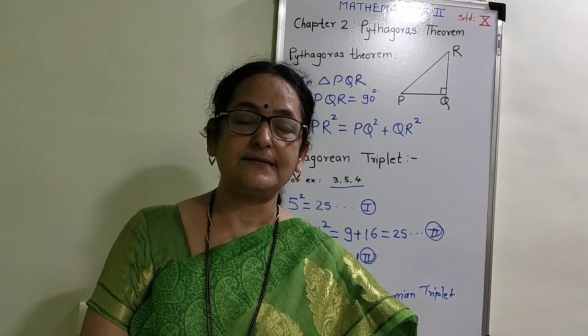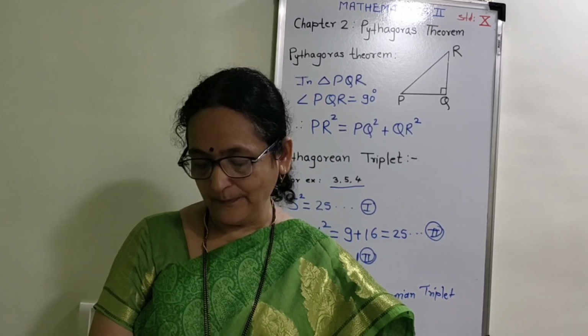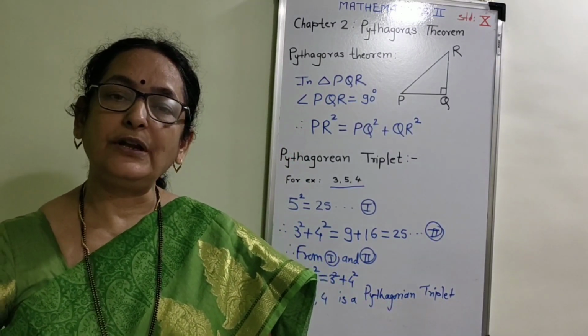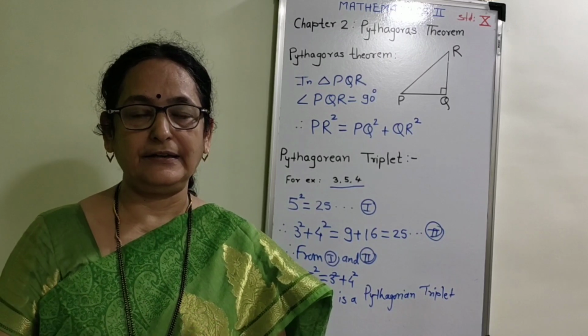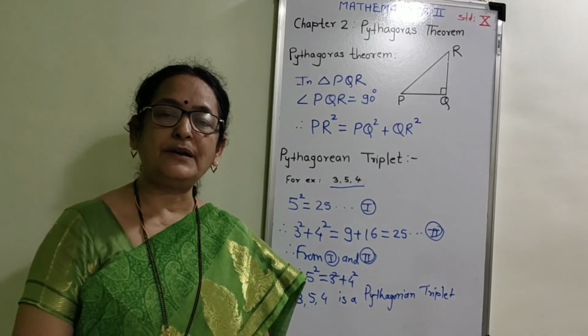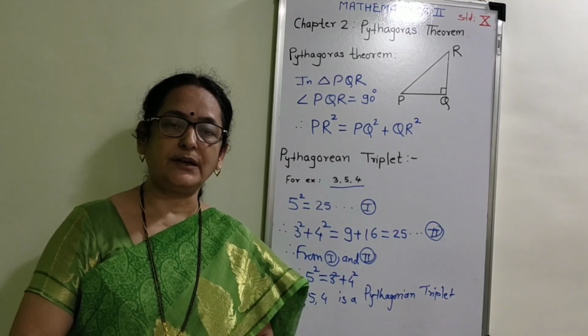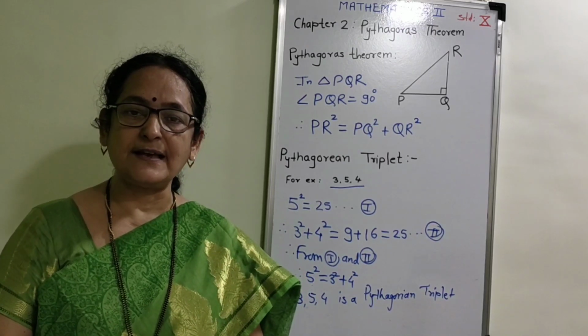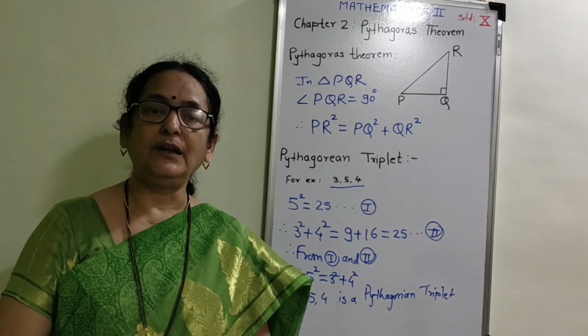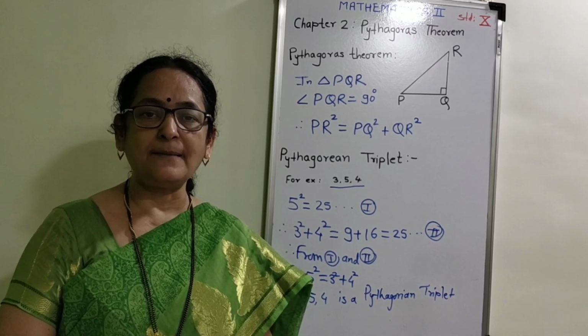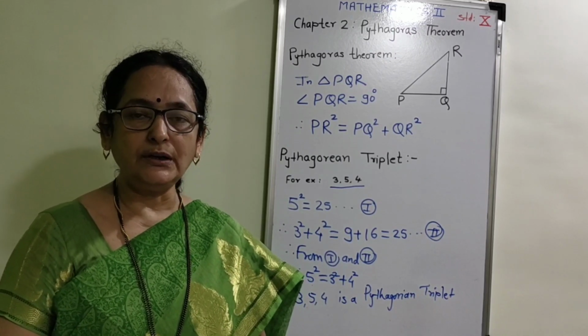The first one is the 30, 60, 90 degree theorem and the second one is the 45, 45, 90 degree theorem. I will explain the statements of both the theorems and you have the application of both the theorems in your next exercise, that is exercise 2.1. You are going to solve some examples based on both the theorems.